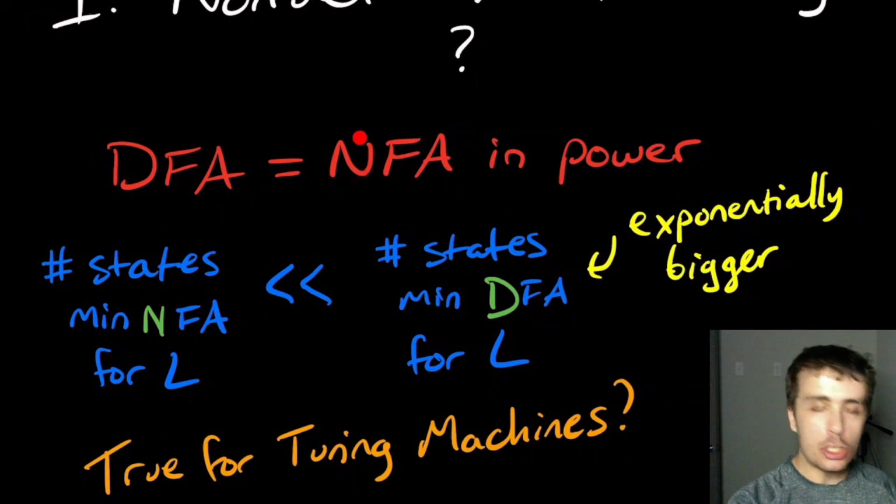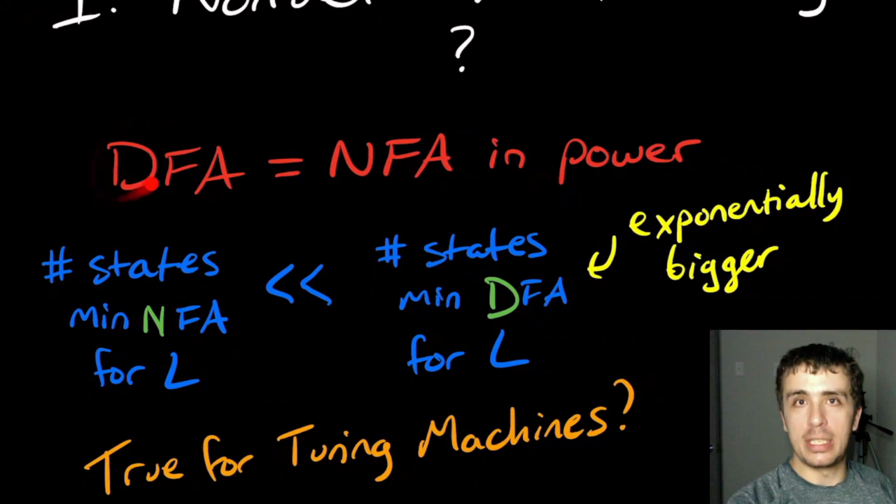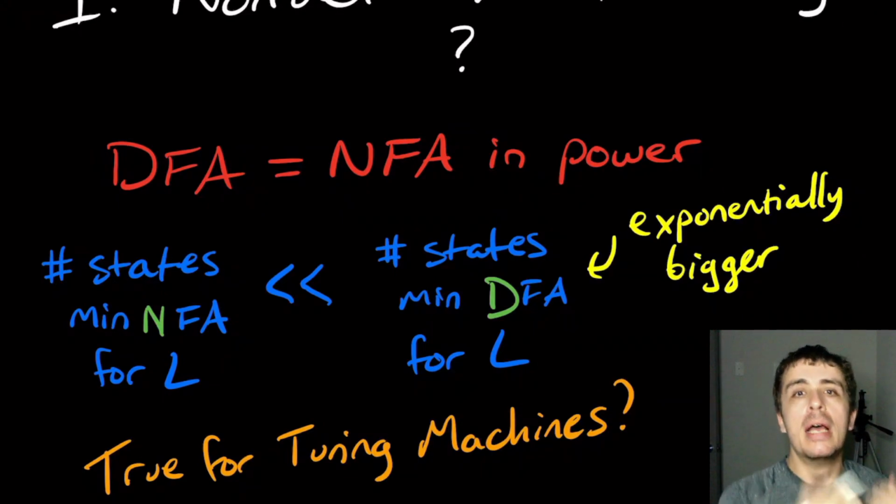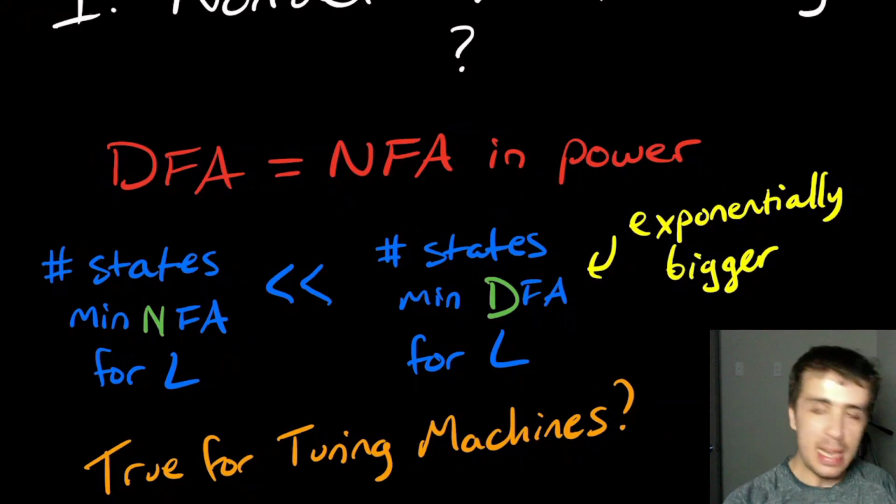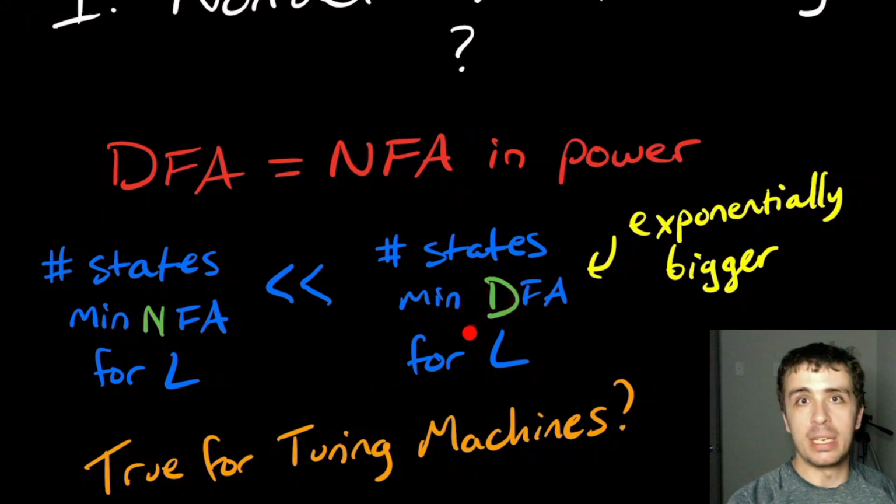So the non-deterministic one is equivalent to the deterministic one in the sense that they compute the same functions, they have the same languages, but the problem is that if you look at a particular language, in general, the minimum DFA in terms of the number of states that it has for that language is going to be way larger than the number of states for the non-deterministic one for L. And it could actually be exponentially larger, which is really, really annoying.